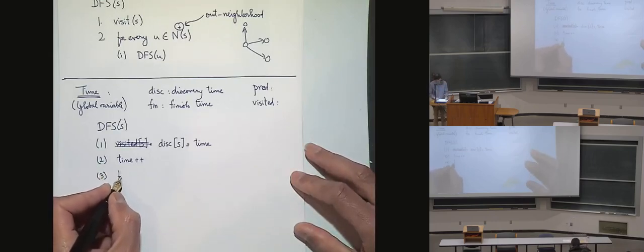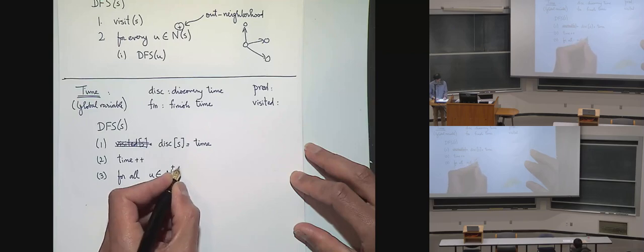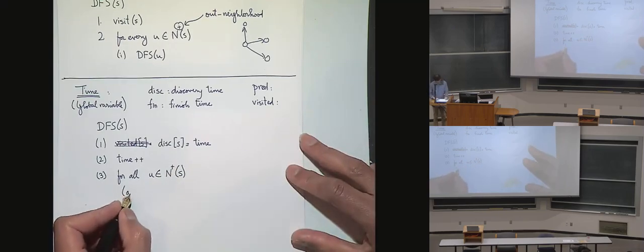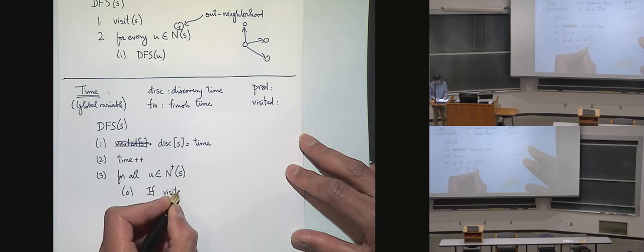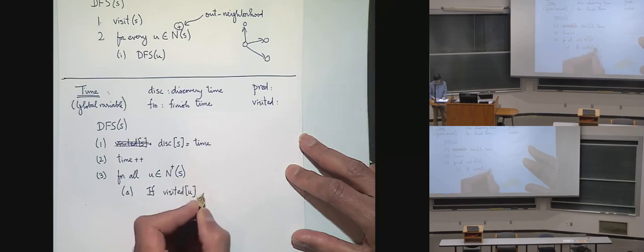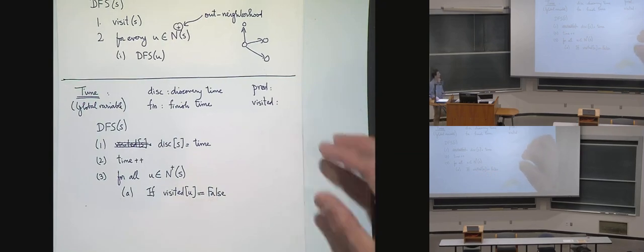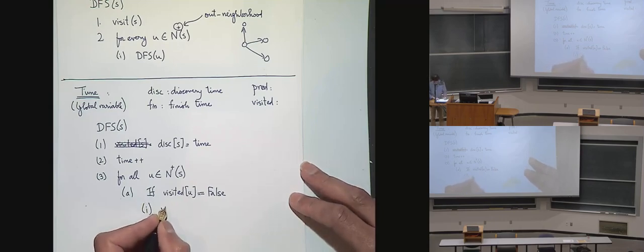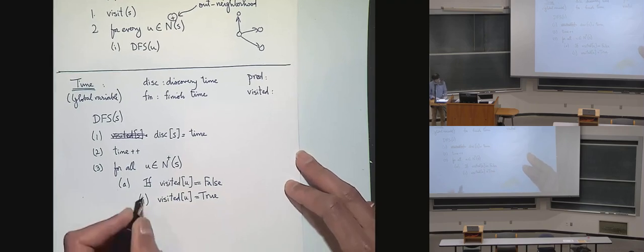And then, for all u in the out neighborhood of S, I do my usual. I say if visited u is false, then I set visited u to be true.